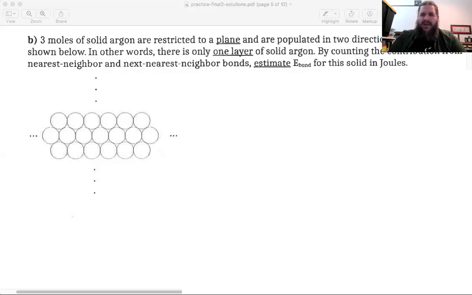We don't want to try figuring out all the bonds, especially since, what did you notice about the contributions from like the third nearest neighbor bonds in the previous problem? How much energy was contributed by the third nearest neighbor bonds, for instance, compared to the nearest and second nearest? It was very little compared to the others.